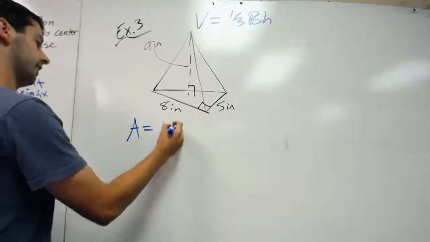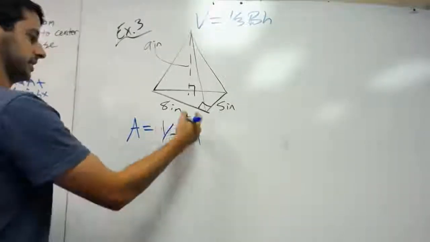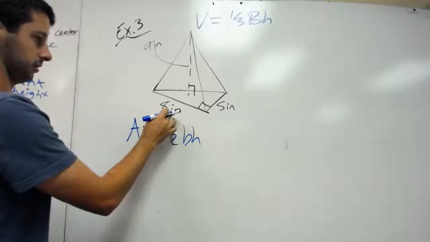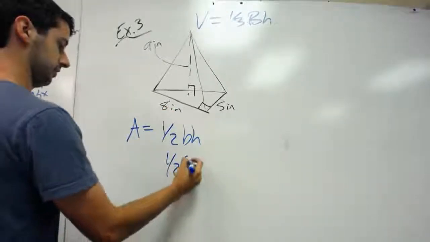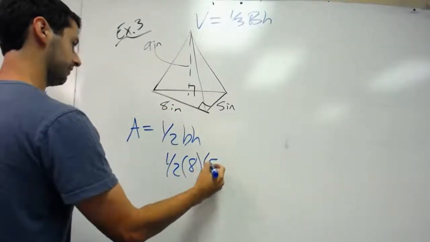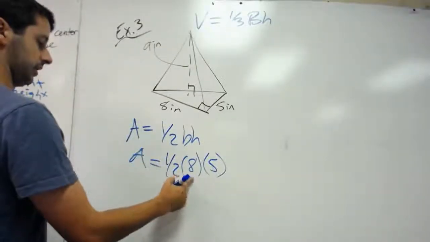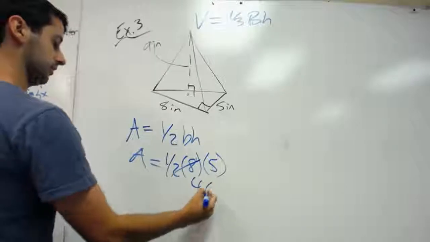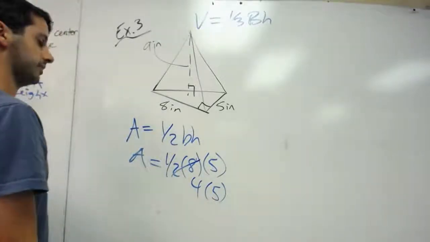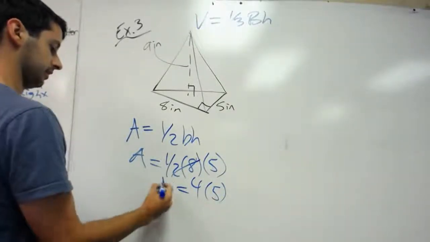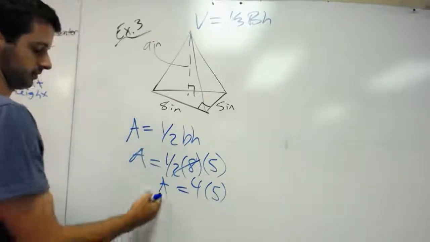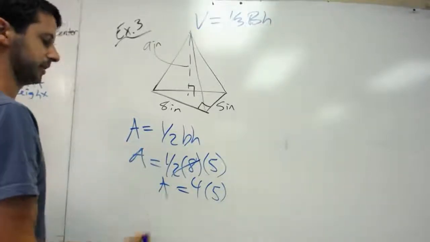That's easy: 1/2 little b times h. Our base is 8. Our height is 5. 1/2 of 8 is 4. 4 times 5 is 20. So the area of the base, I put A for area, but it's really big B, is 20.